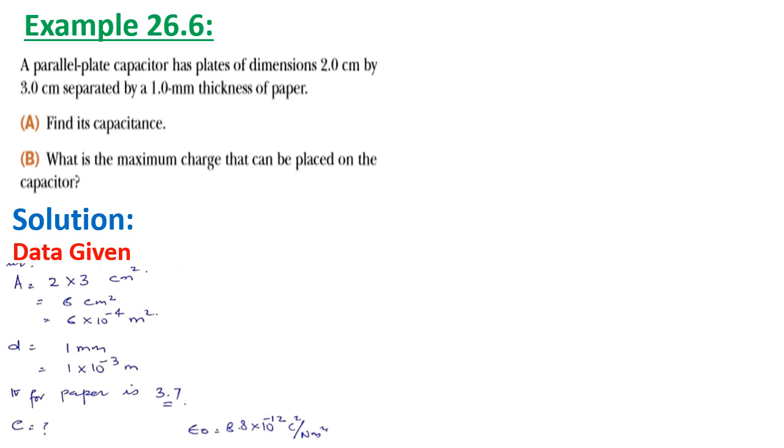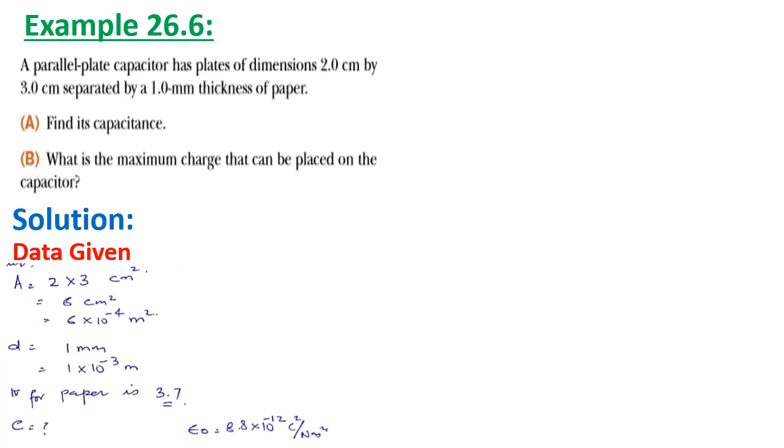It's a constant, so it will be given, although it's not given in the question, but these constants are given at the end of the paper, or if you are given a quiz, then it will be given in the quiz. And epsilon naught is again a constant whose value is 8.8 into 10 to the power minus 12 coulomb square per Newton meter square. So what we have to find in part A is the capacitance.